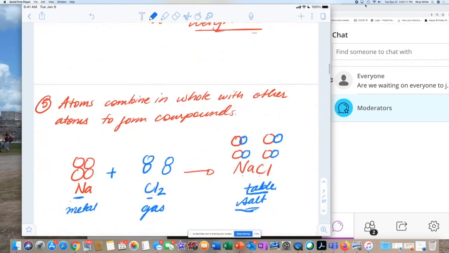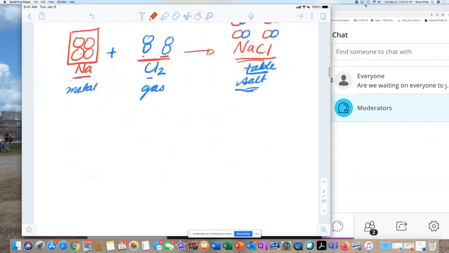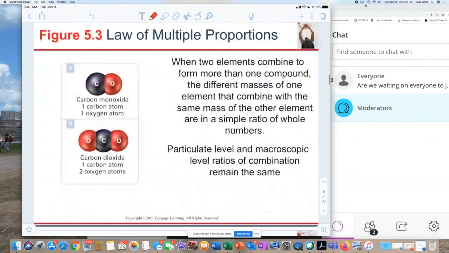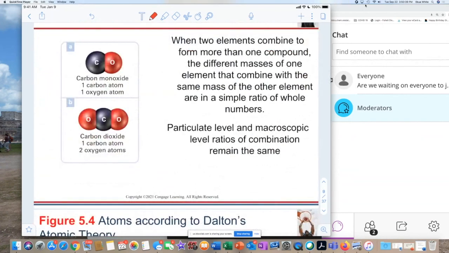You can see here on the left, for the sodium, you have 4 sodium atoms combined together. On the right, you have chlorine atoms combined together. The chlorine breaks up with the neighboring chlorine to form a bond with the sodium. That's how we get table salt, as the sodium combines with the chlorine.